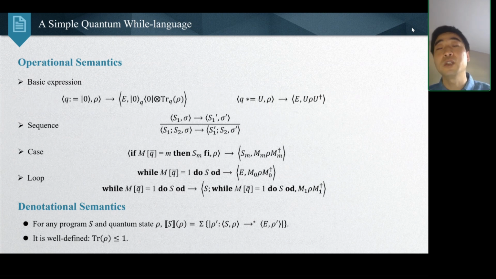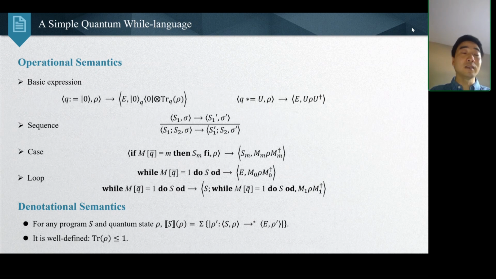If we only care about pure states, then we only need to apply U to the state. The case is also similar, except after the measurement the state will collapse. We also have the loop version. Just remember, at any time if we perform a measurement, the measurement will collapse the state into different states.